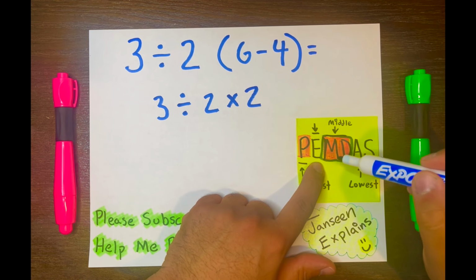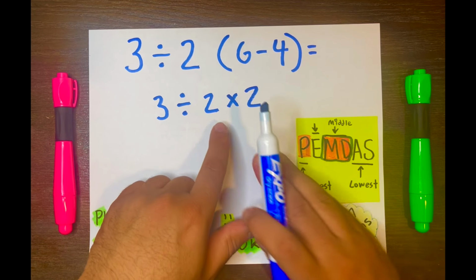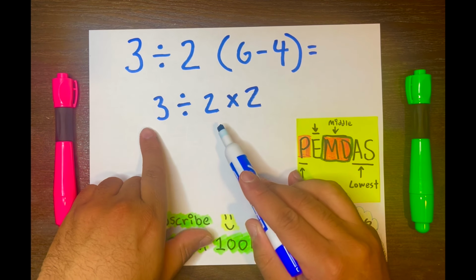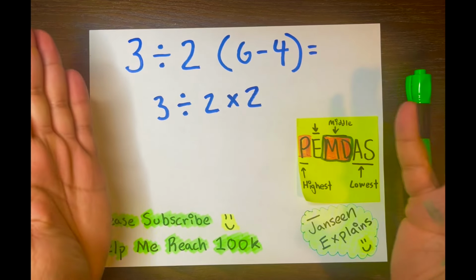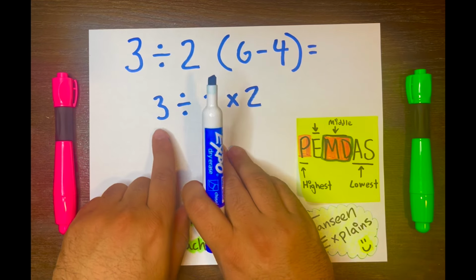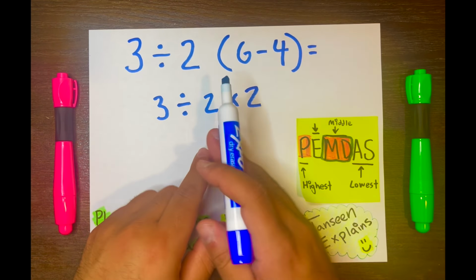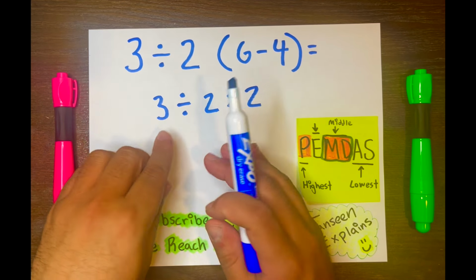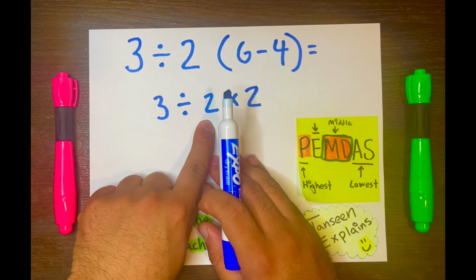So multiplication would not go first. Some people will do that. They'll multiply this, 2 times 2 is 4, and then 3 divided by 4, and then that gives you a result. No, that is wrong. You start with division because we are solving this from left to right. So 3 divided by 2 goes first.